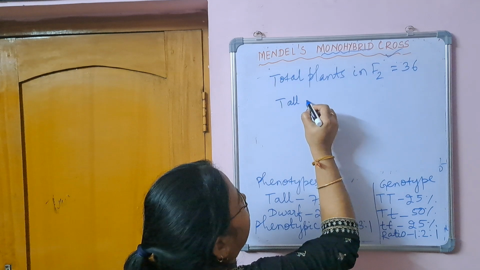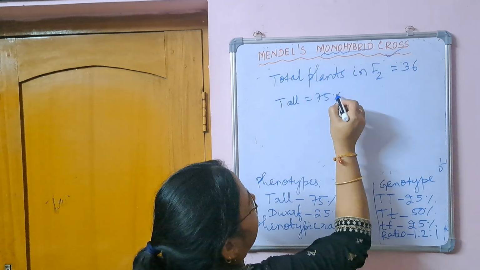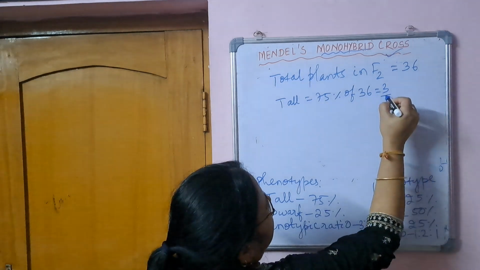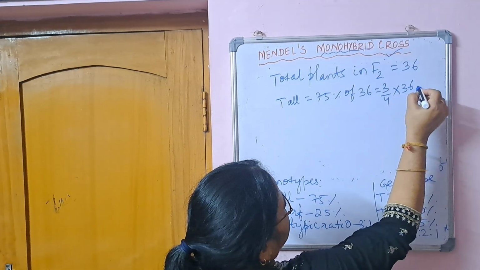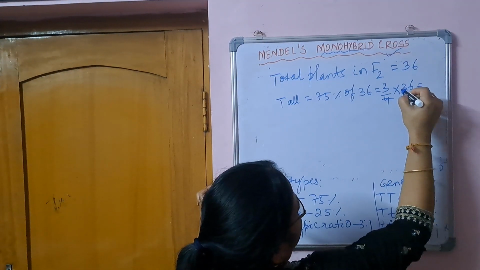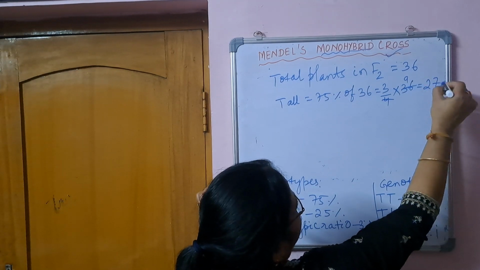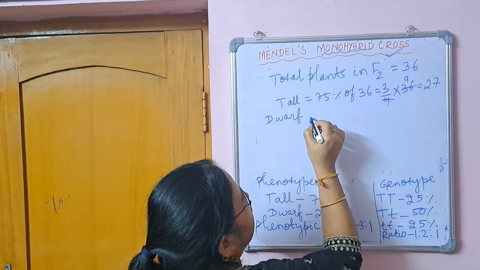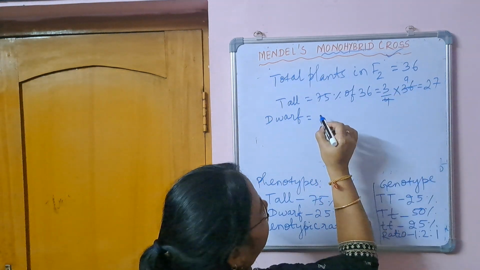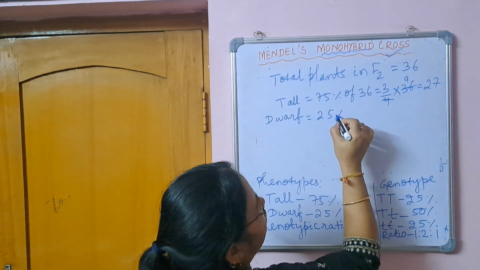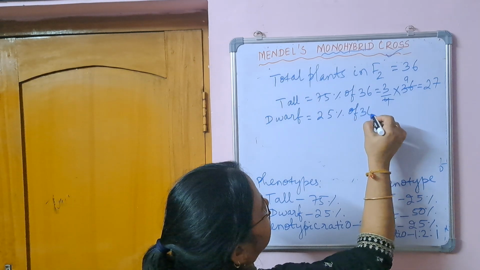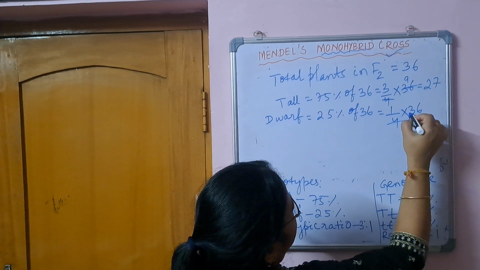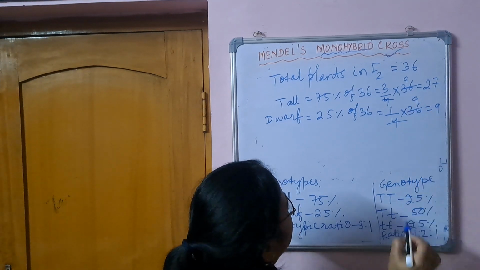Tall is 75%, so 75% of 36, that will be 3/4 into 36, so 27 plants will be tall. Now how many plants will be dwarf? You just subtract from here, or you take 25% of 36. Again it's 1/4 into 36, so it will be 9 plants.